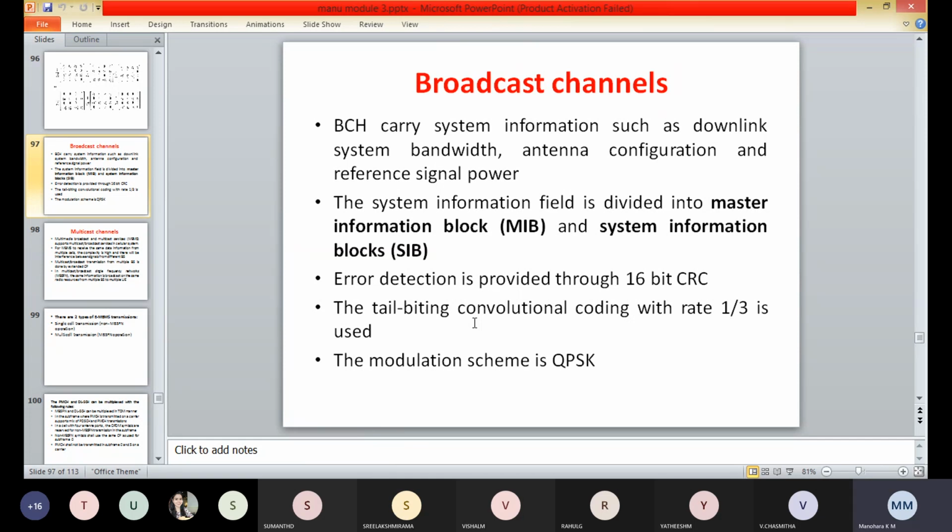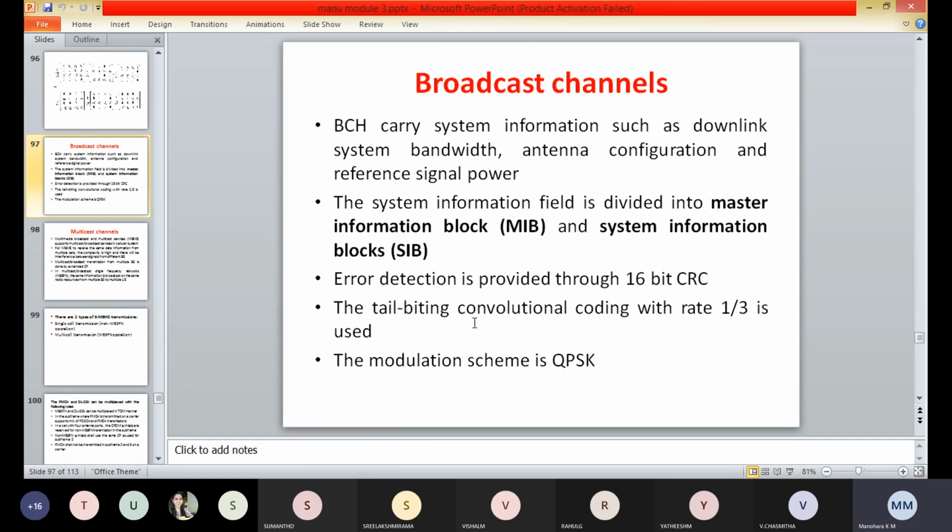So here the user equipment can get the necessary system information once the cell search or synchronization procedure has happened.